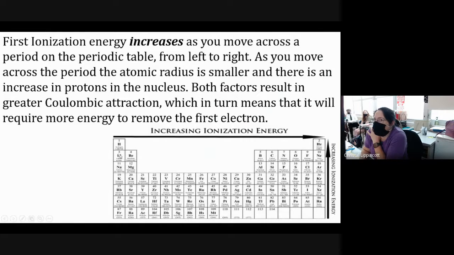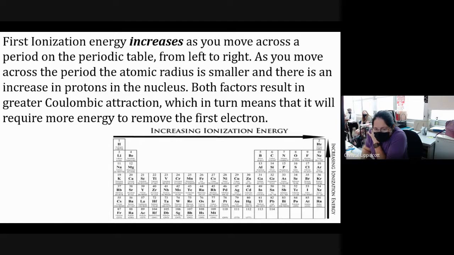This has a smaller distance between the nucleus and the electron, so this is going to have a higher first ionization energy versus sodium. And then oxygen and fluorine: fluorine has a higher effective nuclear charge than oxygen does. Because of that, fluorine is going to have a higher first ionization energy. Good?